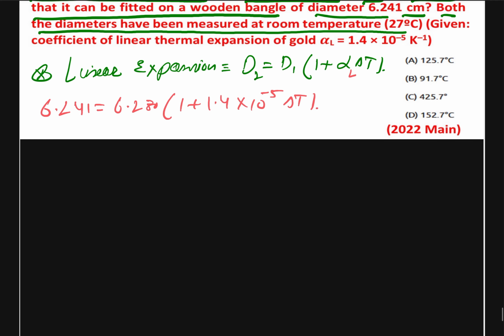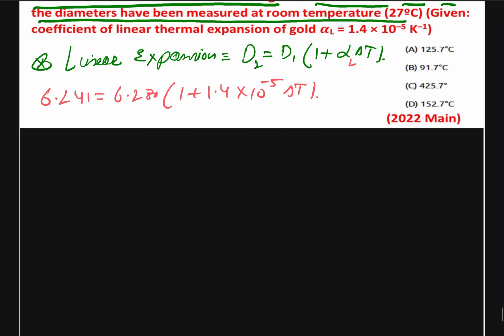So we get 1 plus 1.4 into 10 to the power minus 5 times delta t is equal to 6.241 divided by 6.230. This will be approximately 1.001767.